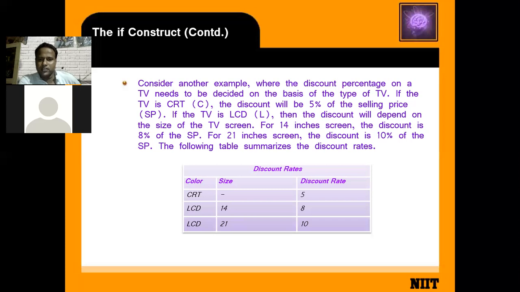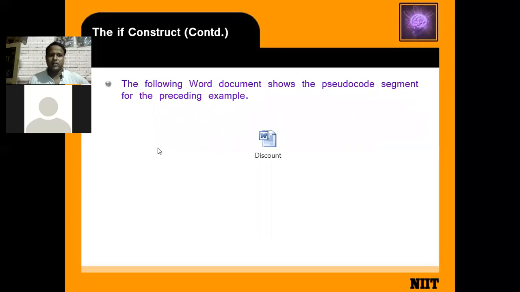If it is a 14 inch screen, the discount will be 8% of the selling price. If it is a 21 inch screen, the discount is 10% of the selling price. Okay. Now we move to this part.